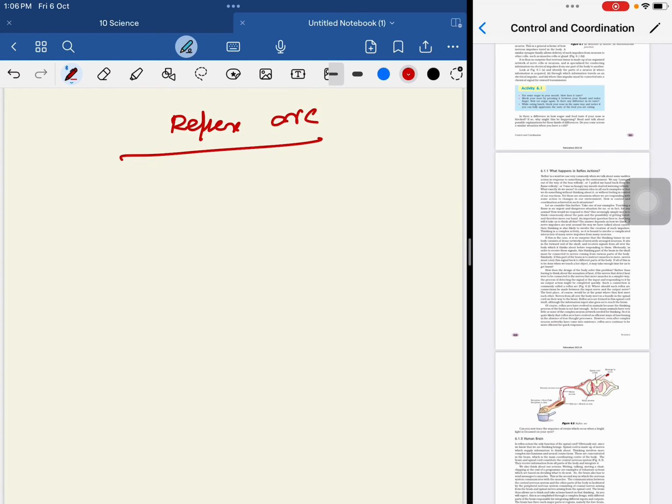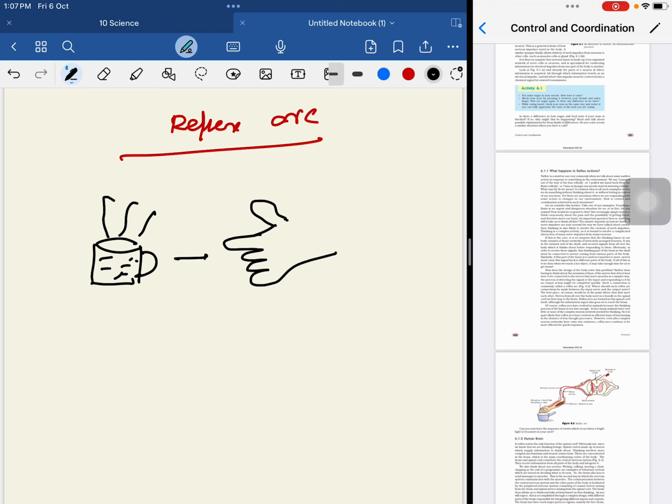The main, best and most important example is this. Your mom has given you a hot coffee. The flames are coming, and you took the coffee with your hand.